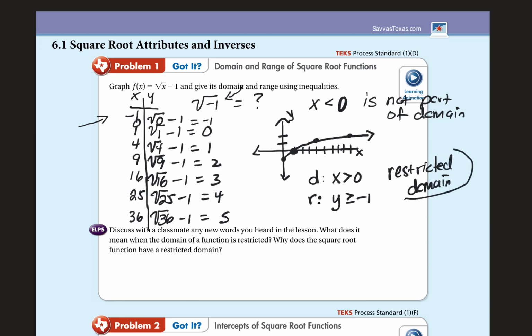Why is it restricted? Because the only values that you can use in this function, which is called a square root function, are positive values.